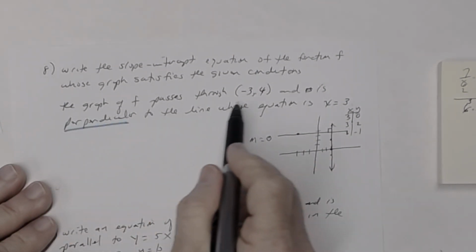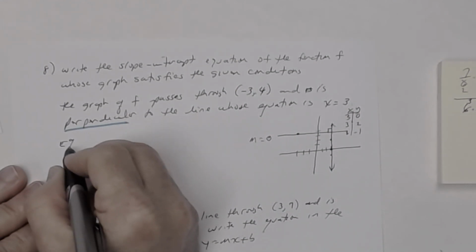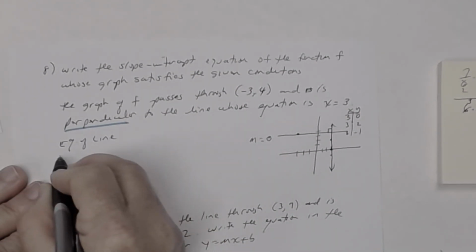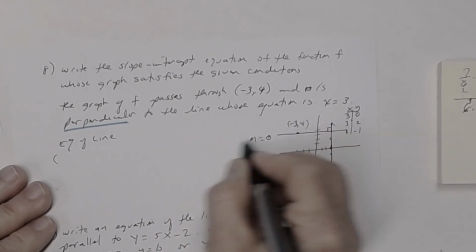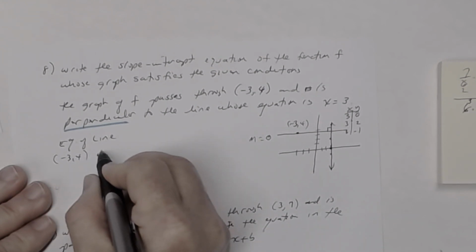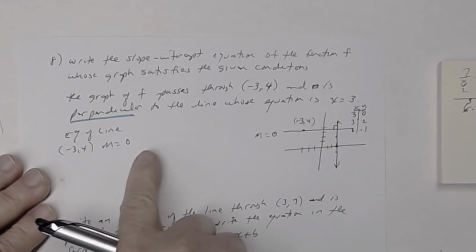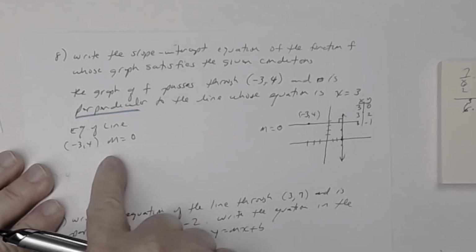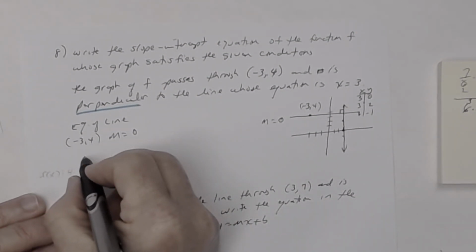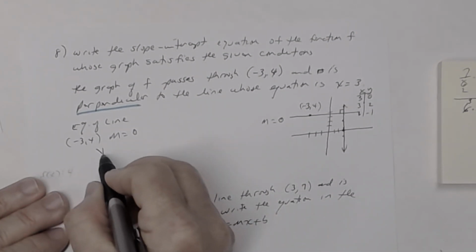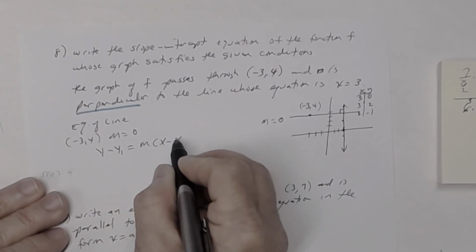So now you know two things about the line you're interested in. You know a point of that line, negative 3, 4, and you know the slope is 0. So we're going to put this in point-slope form, just like we've been doing. We have y minus y1 equals the slope times x minus x1.